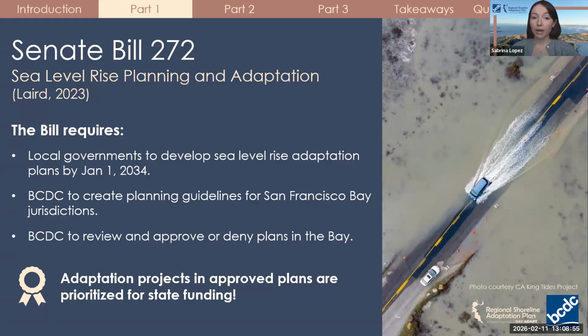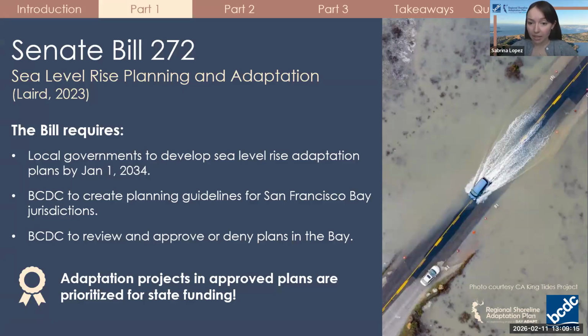So just for a little background, in 2023, Senate Bill 272 became law, requiring local governments along the outer coast and in the San Francisco Bay to develop sea level rise adaptation plans by January 1st, 2034.